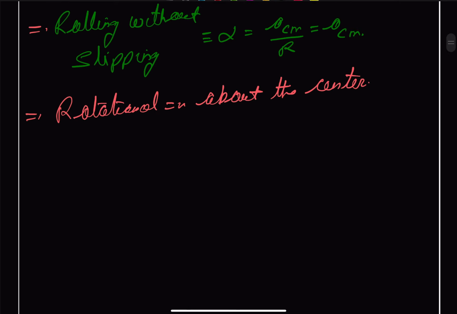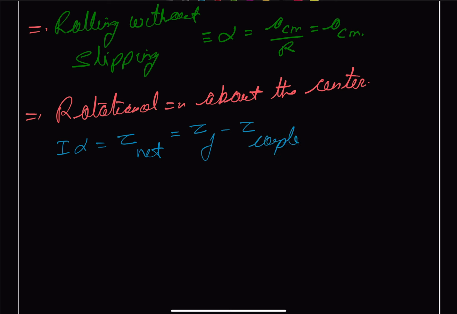That will be I alpha equal to tau net, and tau net will be equal to tau F, the torque of friction, minus the torque because of the couple.